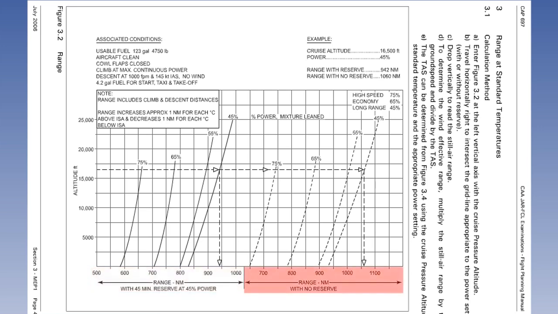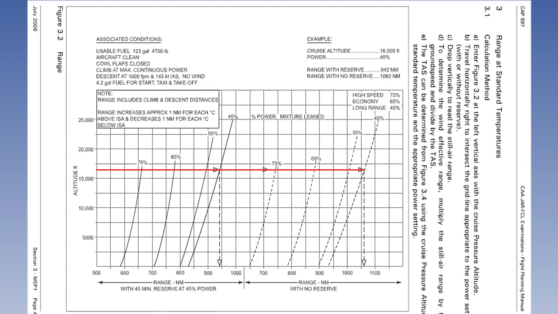On the right side of the graph are the figures for range with no reserve. In the introduction lesson on this section, we saw that the power is shown as a percentage of full power. These power settings are shown in the top right-hand corner of the graph.